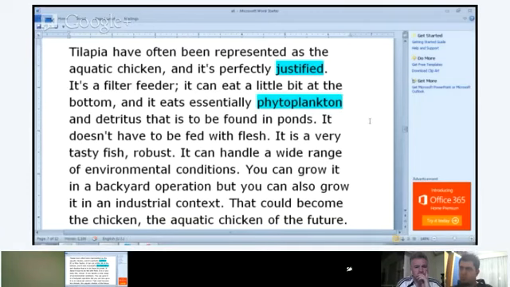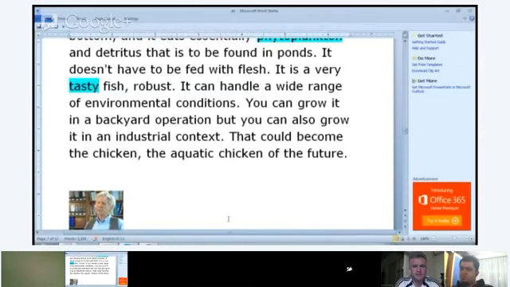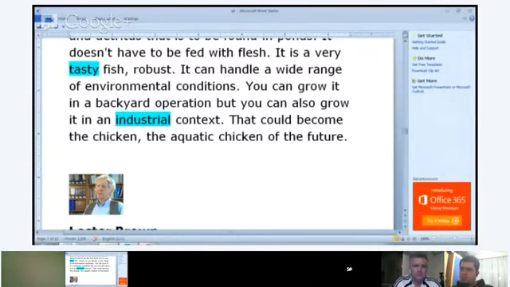It doesn't have to be fed with flesh. It is a very tasty fish, robust. It can handle a wide range of environmental conditions. You can grow it in a backyard operation, but you can also grow it in the industrial context. That could become the chicken, the aquatic chicken of the future. Okay, great. Thank you so much.